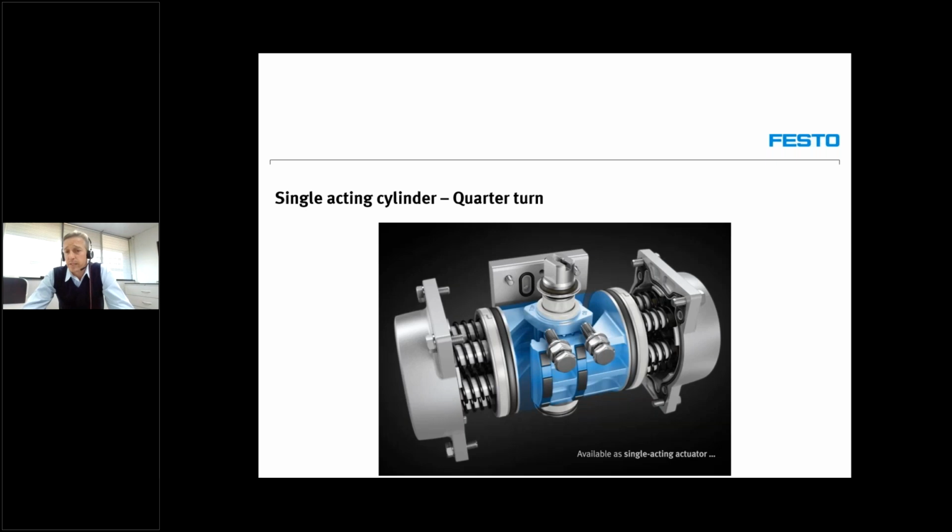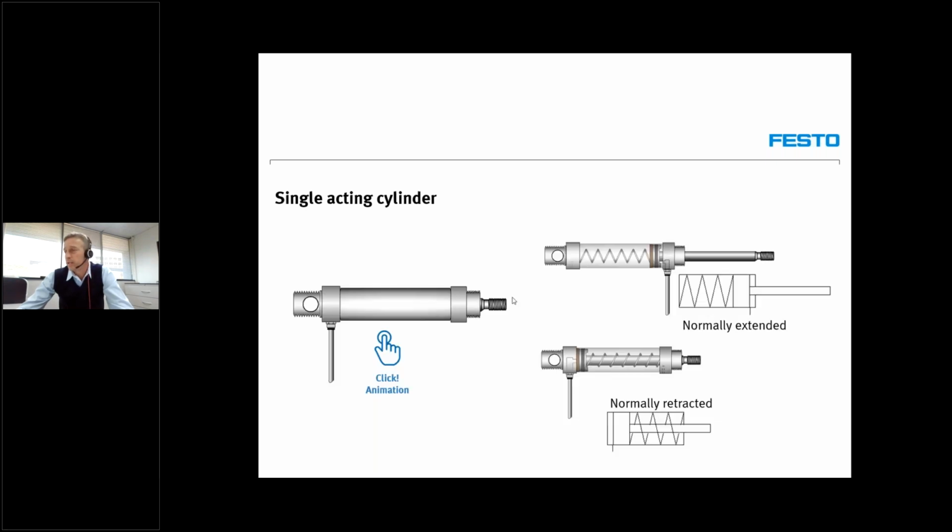Similar to the linear actuators, rotary actuators are also available in a single acting or spring return version for process valves. Now, this is the inside of one of our geared unit rotary actuators. Now, for rotary actuators, the springs are not moved inside the actuator, as in the case of the linear actuator. You will see in the linear actuator, the spring is physically either at the back of the piston or at the front of the piston.